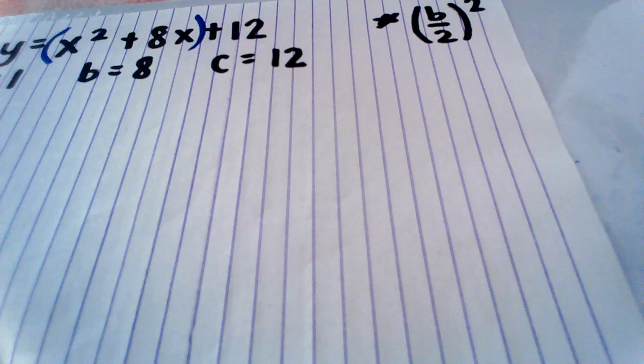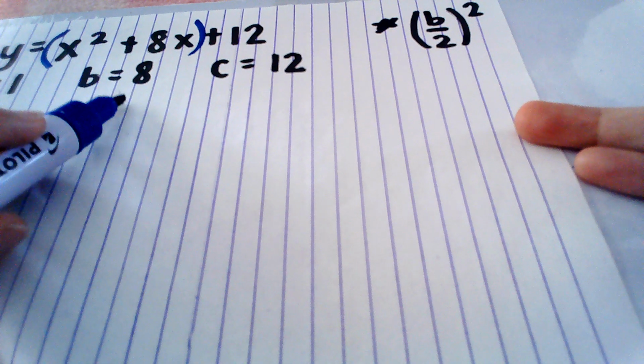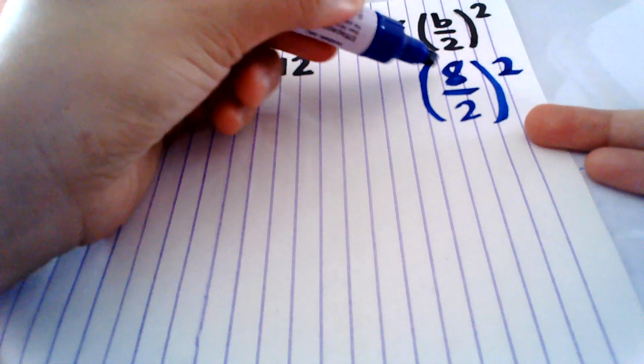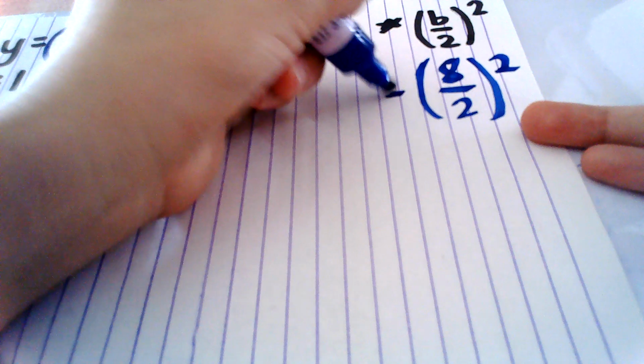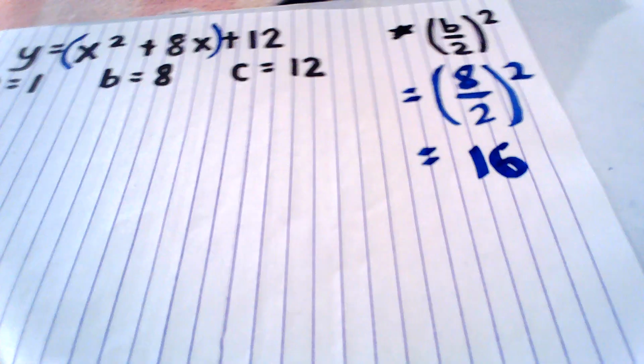So let's try to get the value of B over 2. So your B is 8 over 2. 8 over 2 squared. 8 divided by 2 is 4. And 4 raised to the power of 2 is 16. So what are we going to do?